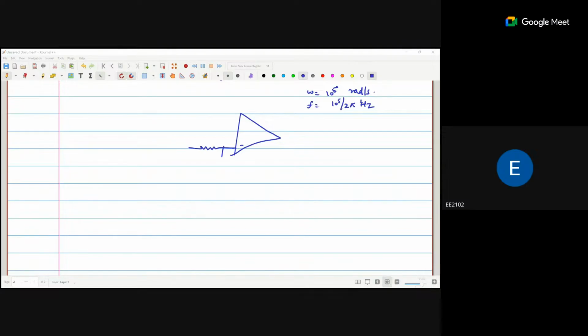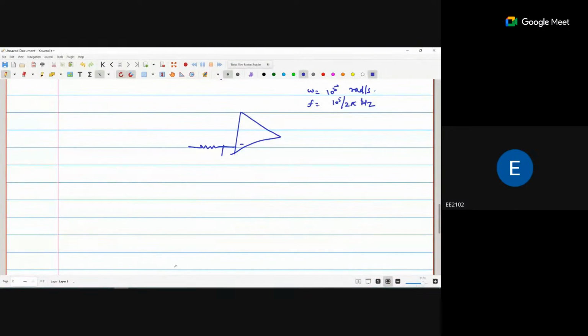Hello. Yes. So basically, if my circuit is given like this, this is R1, R2, R3.